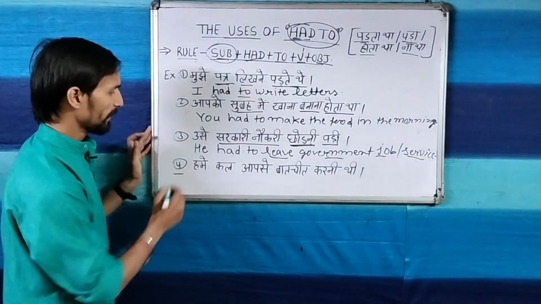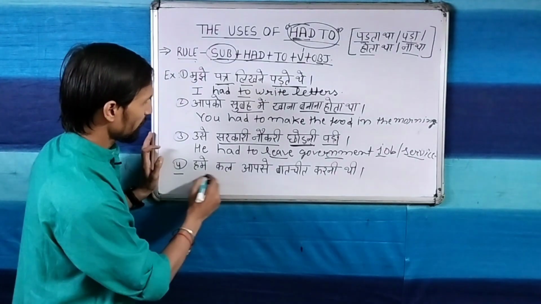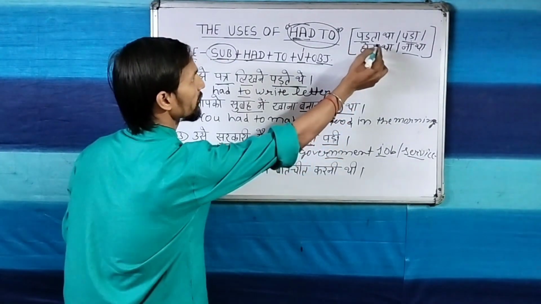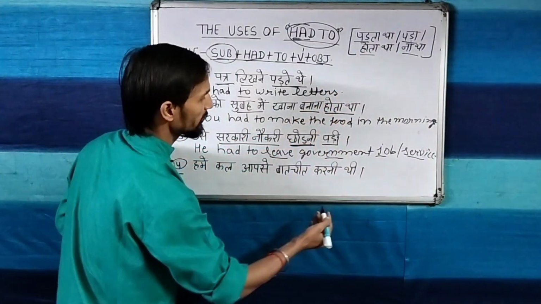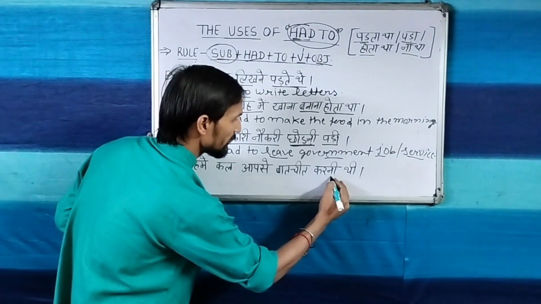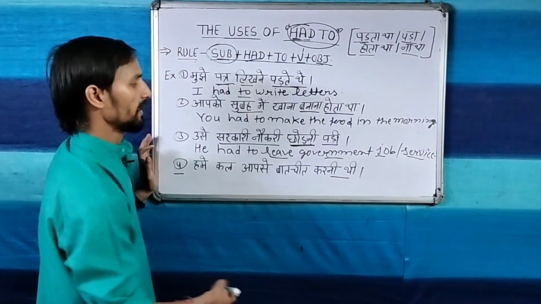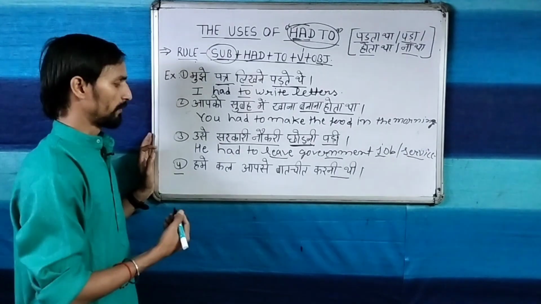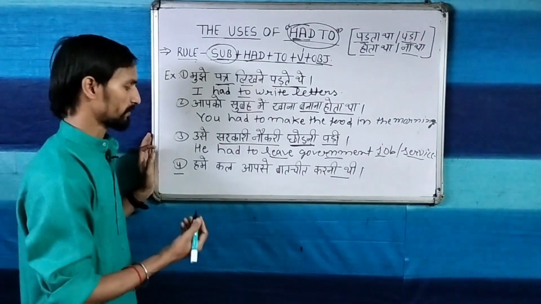Now see the fourth sentence: हमें कल आपसे बातचीत करनी थी. In this sentence, words like पड़ता था, पड़ा, होता था are not coming, but in place of these words, with the verb, नी थी, ना था are coming. Then also we are going to use the had to word for making the sentence in the past.